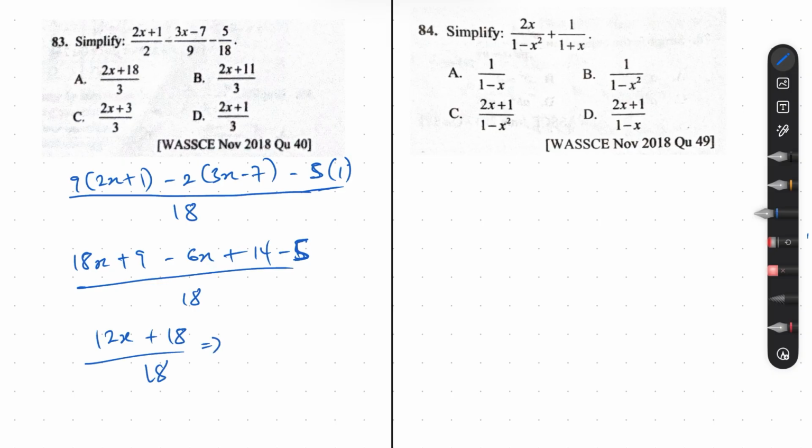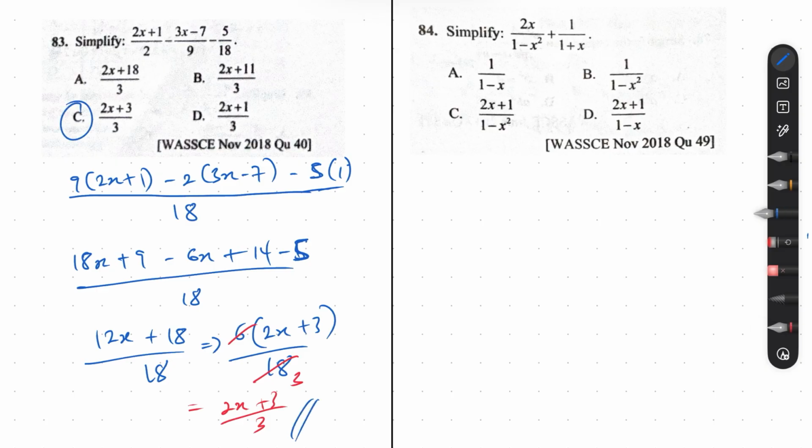We can factor something out. Okay, we can factor 6 out, then be left with 2x plus 3 over 18. 6 can cancel 18 how many times? 3. Okay, so our answer will be 2x plus 3 all over 3. Okay, which is C. Okay, this is our answer, C.